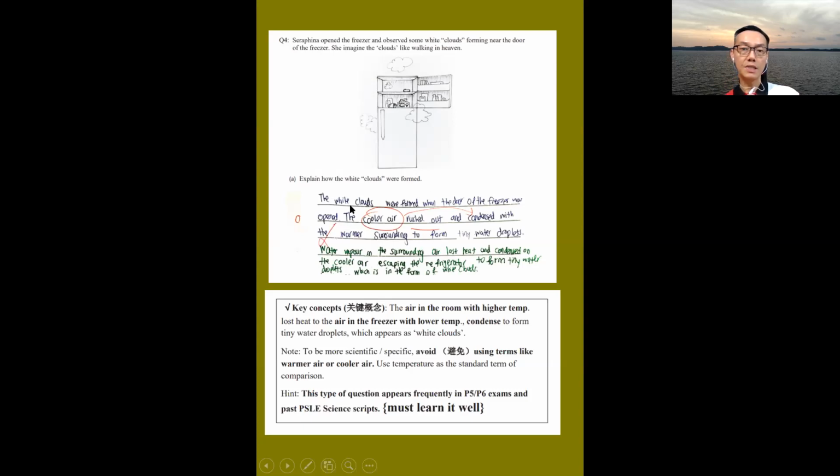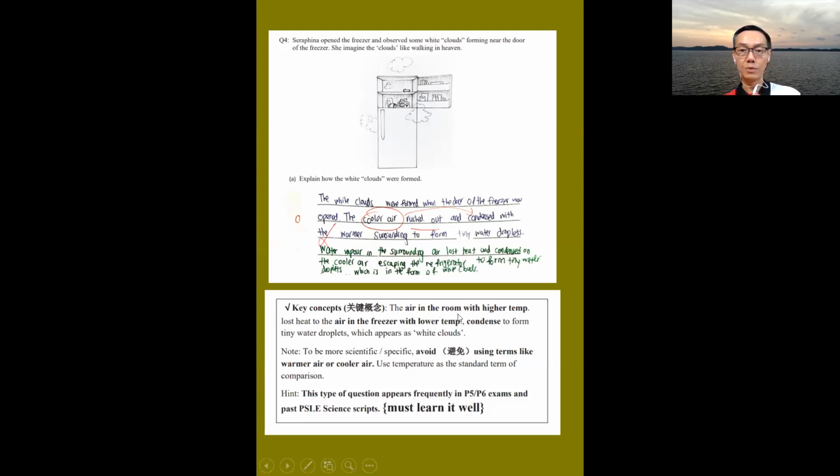Another typical example, we also analyze how students answered wrongly in previous examinations. So we can see that this student actually has a very wrong concept because he or she mentioned that the cooler air rush out and condense with the warmer surrounding air. So actually cooler air doesn't condense. It's actually the warmer air or air with higher temperature. So the key concept here is mentioned here.